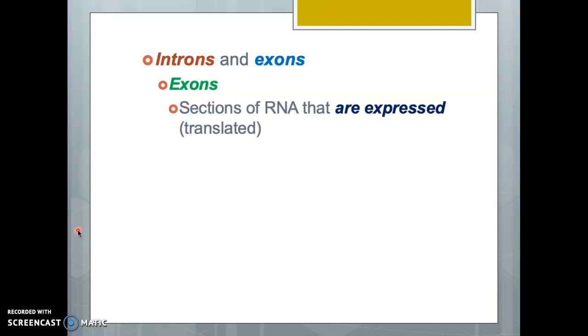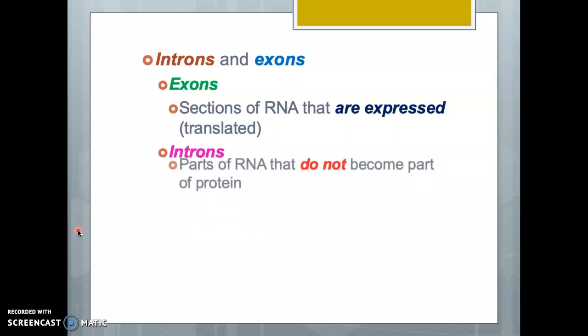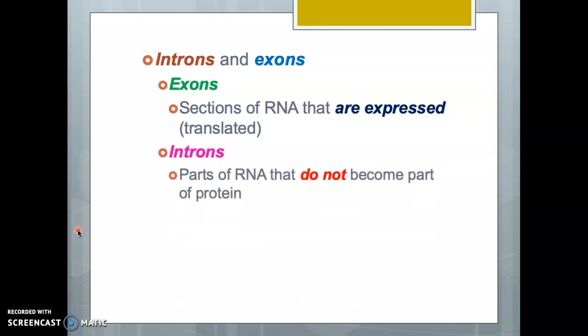The exons are the part of the RNA that are expressed and are going to become part of the protein during translation. Introns do not become part of the protein. They are useless. So the introns get in the way and the exons are expressed. So we want to get rid of the introns before translation takes place.